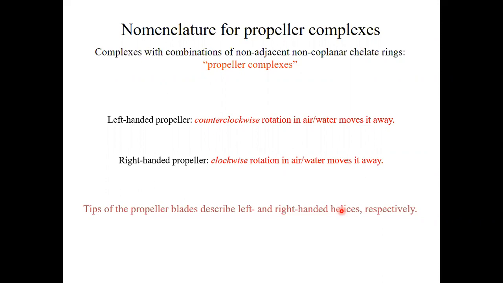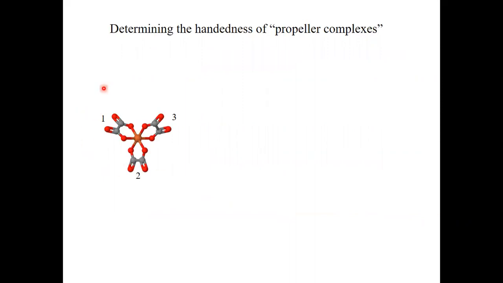So now let's go away from these general considerations to actual complexes. For instance, this one. This is an octahedral complex with 3 oxalato ligands here. And you see immediately that the 3 rings formed between the ligands and the metal center are not coplanar and not adjacent.